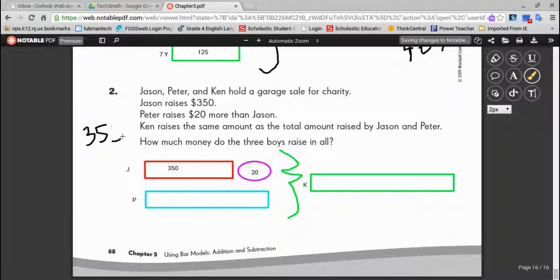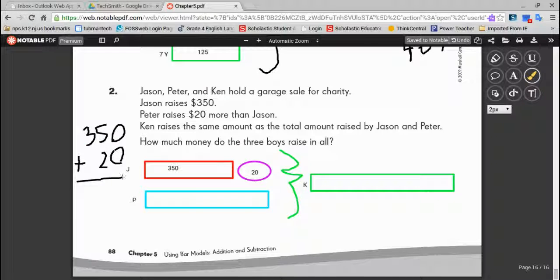350 plus 20. Let's make that 20 nicer. Okay, plus 20.